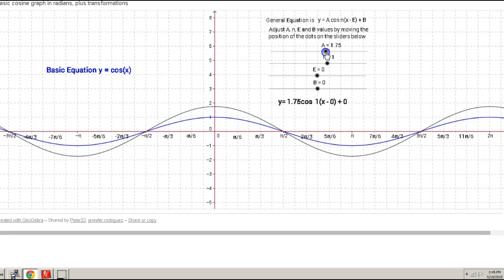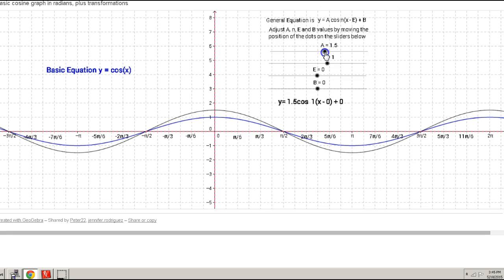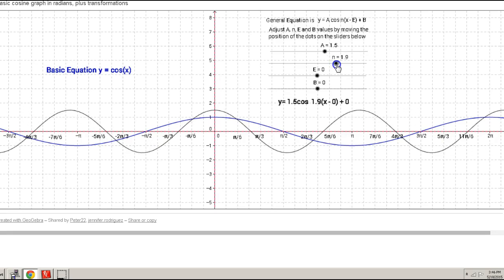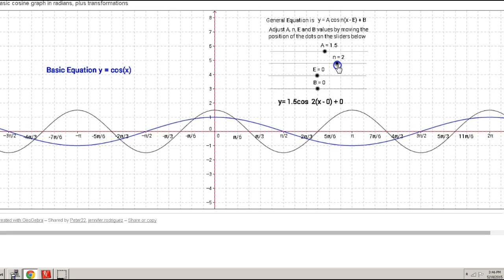So if I move this over to 1.5, there we go, you can see how the graph changed. Now n was 2, so I'm going to move this over to 2. So this is what the graph looks like in comparison to what the original cosine graph looks like. Okay? Just to give you guys an idea.